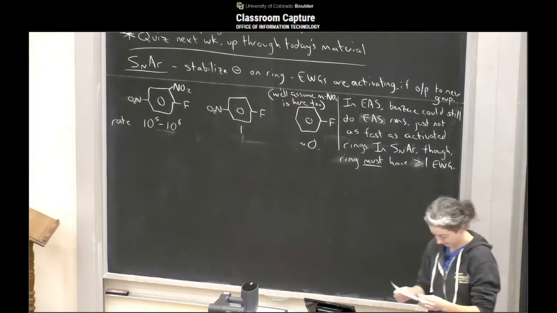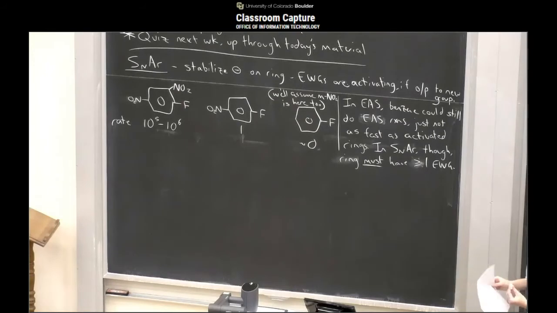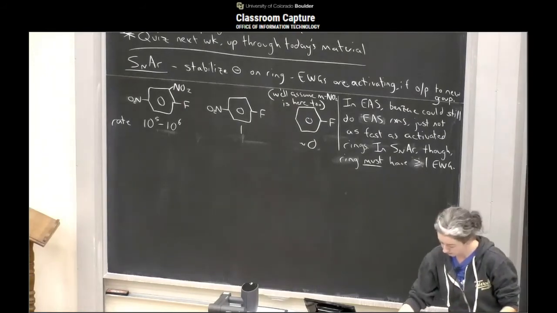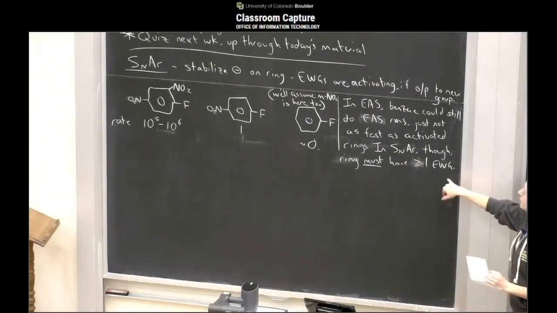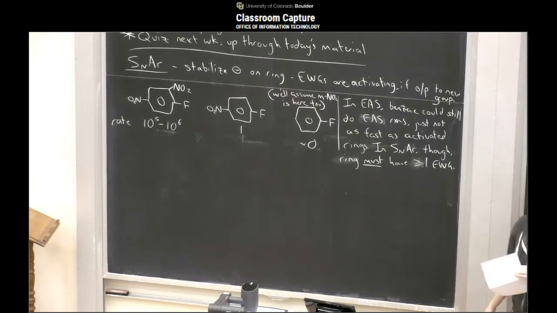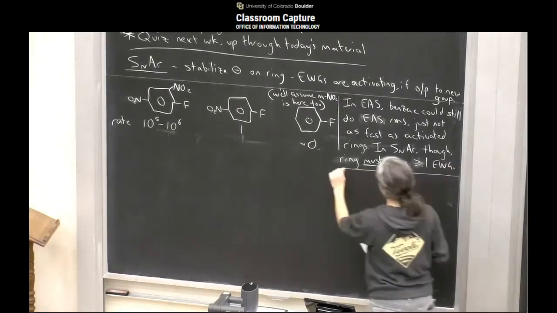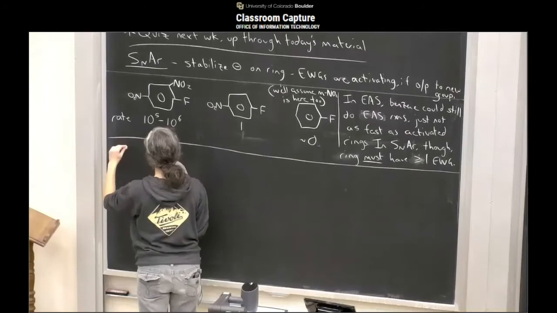Okay. So one last thing that we want to look at here is another comparison between the old SN1, SN2 stuff and SNAr, and that is in terms of leaving group ability.